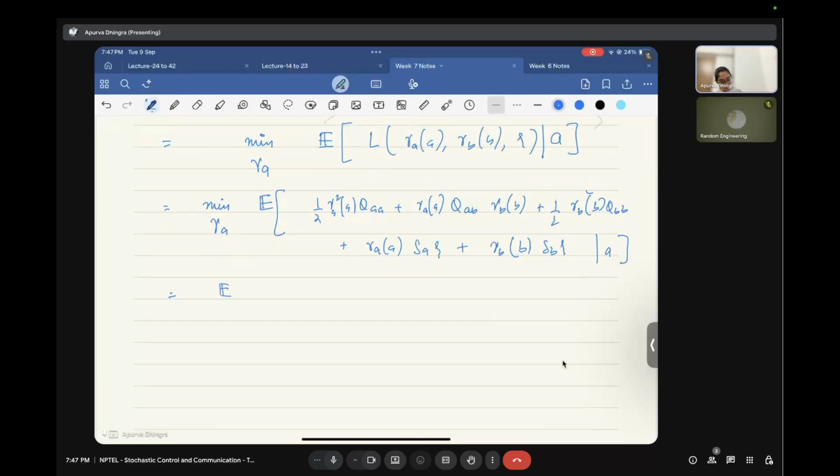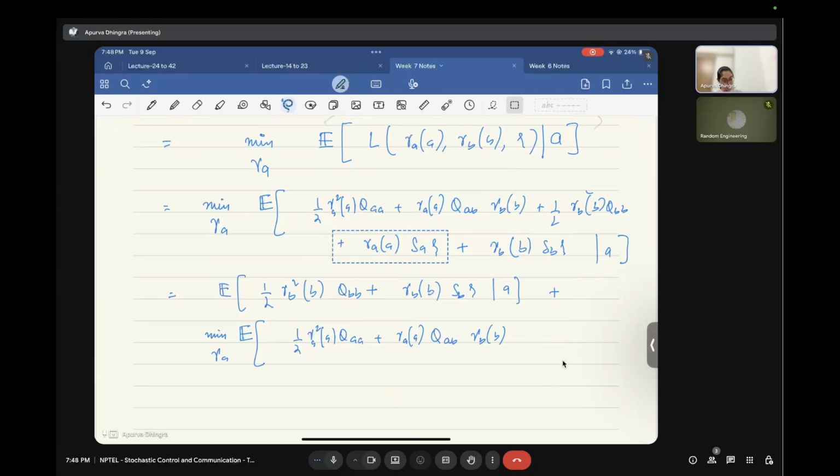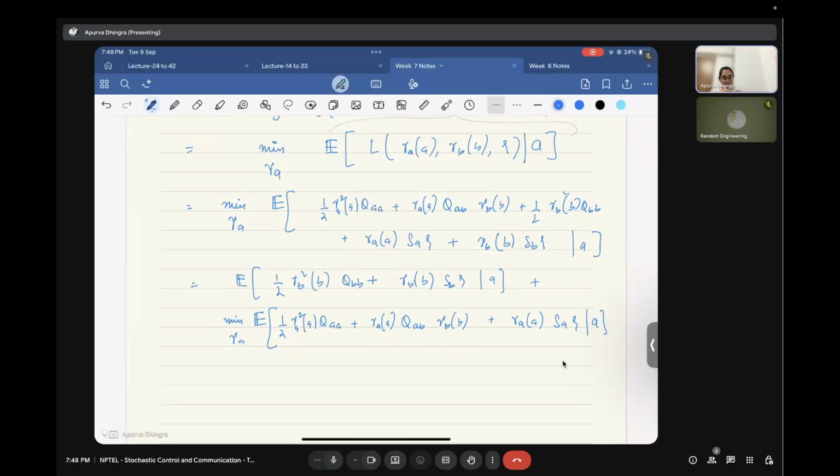So we can rewrite this as the terms without any dependence on gamma A, and then the terms with dependence on gamma A. Then there is, and it's all conditioned on A. What do we do next? We can differentiate and yeah, that's it.